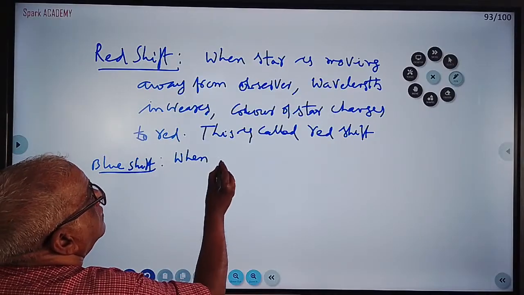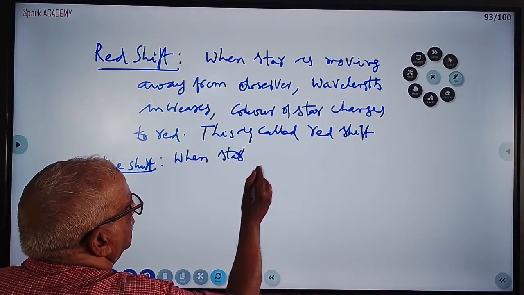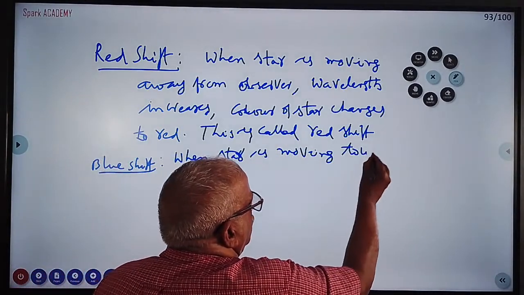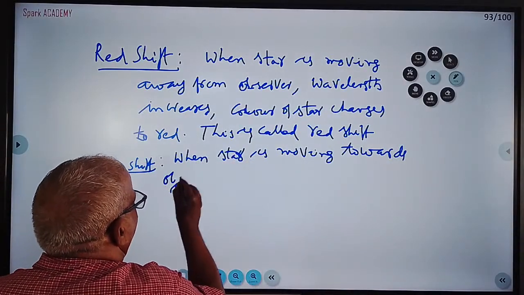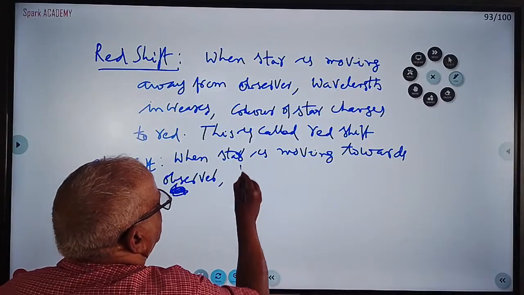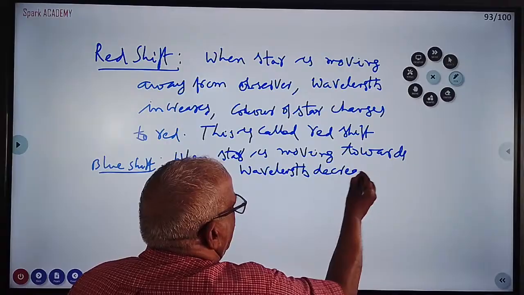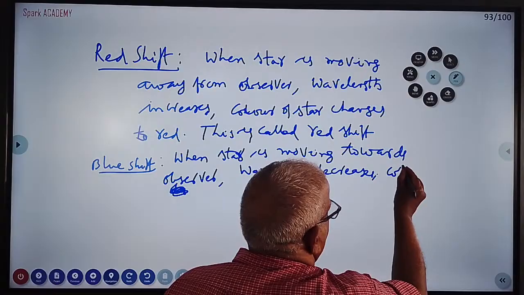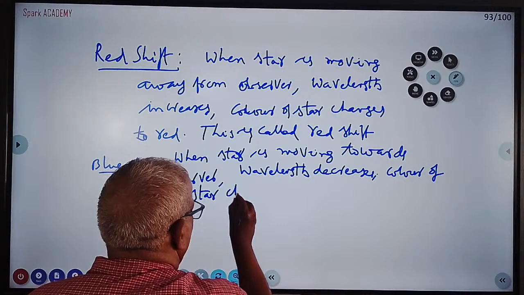When the star is moving towards us, moving towards the observer, wavelength decreases, and the color of the star changes to blue.